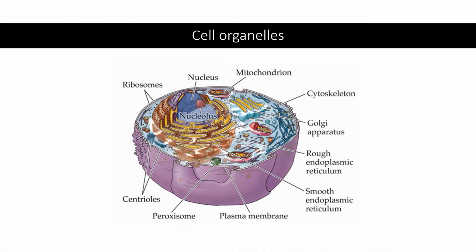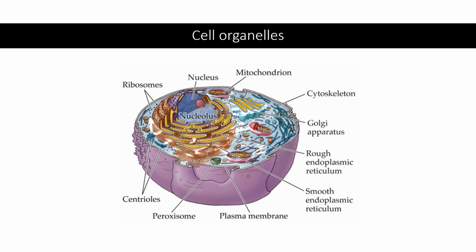Now cell organelles. The one that we are looking at is a model of a eukaryotic cell, and this one is an animal cell. A plant cell is a bit different from an animal cell in certain perspectives because a plant cell has a few extra organelles in it.